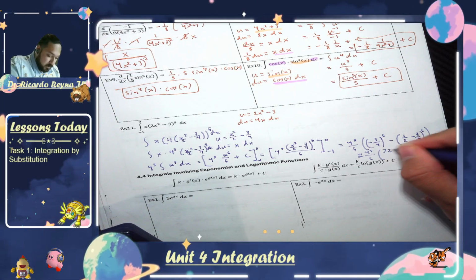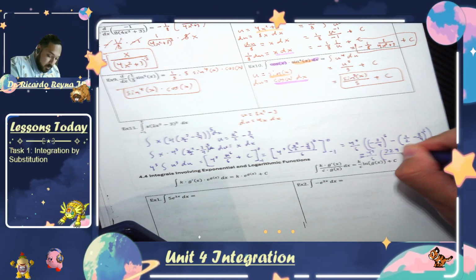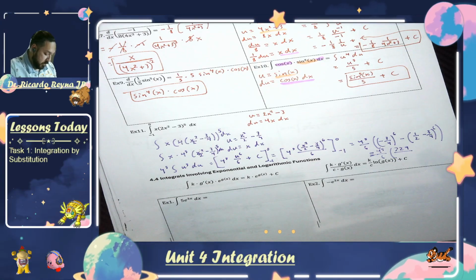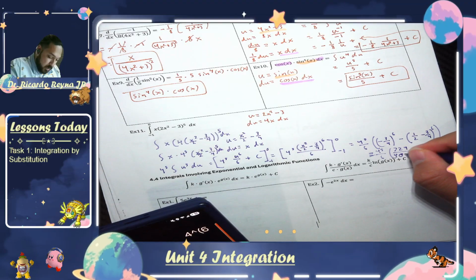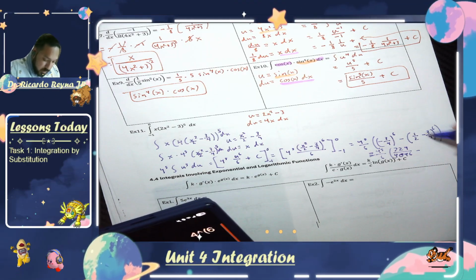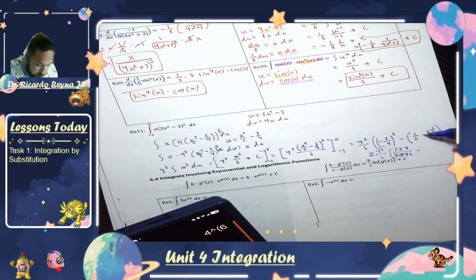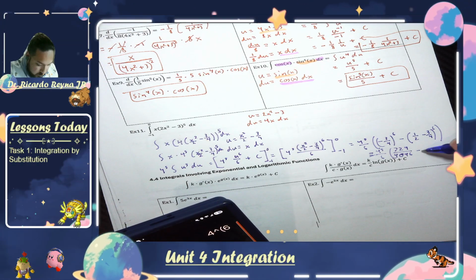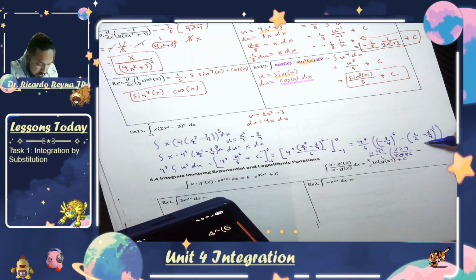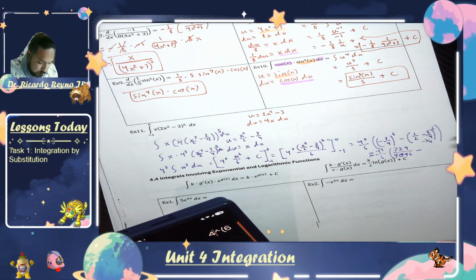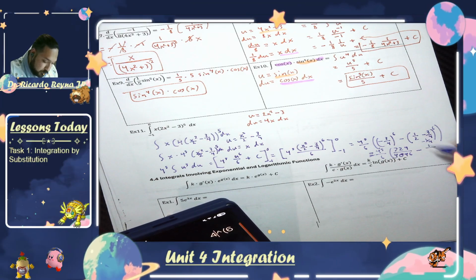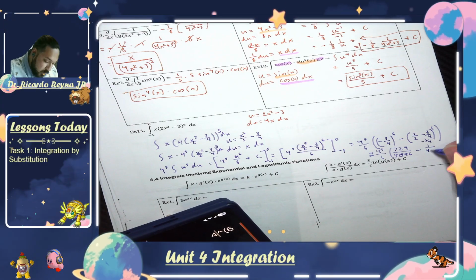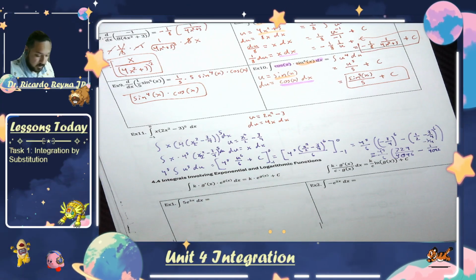So 729 over 4 to the power of 6, 4,096. And then that's going to be minus, and then that's going to be negative 1 over 4. So negative will cancel out, and negative 1 over 4096. Okay.